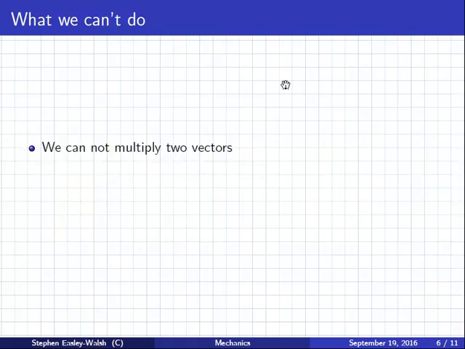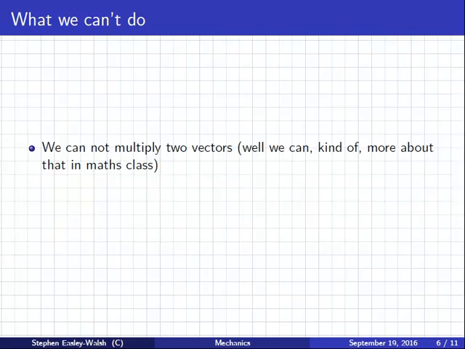We cannot multiply two vectors. Well, we kind of can, but that's something we'll do in math class. But we definitely can never divide vectors. So you can never do vector A divide vector B. This is definitely impossible.